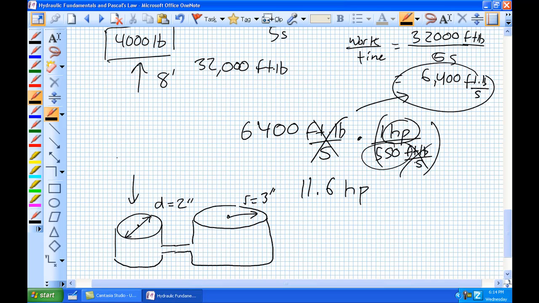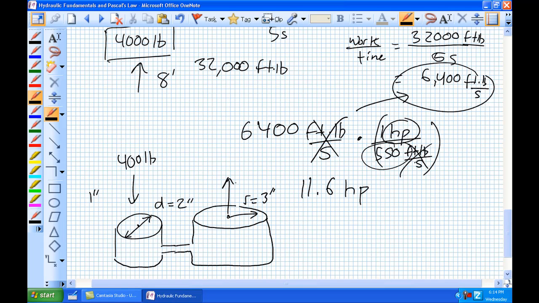And let's say 400 pounds of force is placed on the smaller cylinder, and we compress this. We have a travel of, let's say, 1 inch. How much work can this secondary cylinder accomplish?